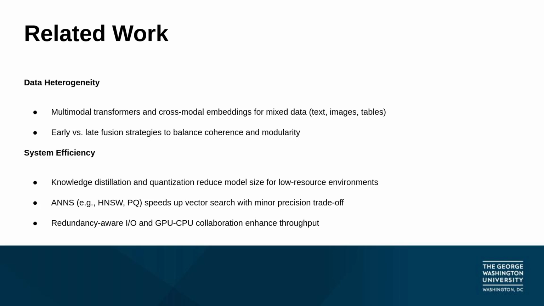And for data heterogeneity, multimodal transformers and fusion strategies improve coherence across mixed data types. Although we're not doing multimodal in our project, it's still interesting. And efficiency improvements include techniques like knowledge distillation, ANN for fast search, and GPU-CPU collaboration for enhanced throughput.